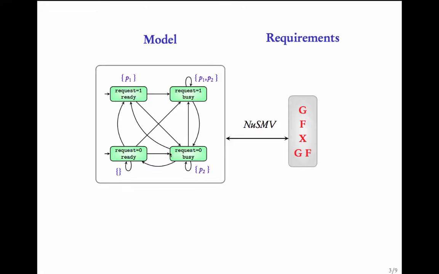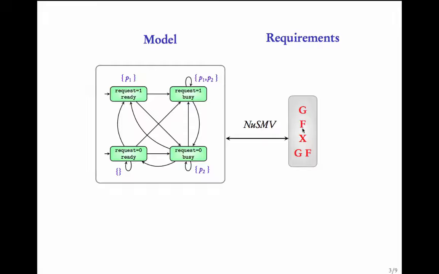This is a model. To check requirements, we had defined operators G, F, X and GF. G of some expression will ensure that every execution of this model satisfies this expression in each state.